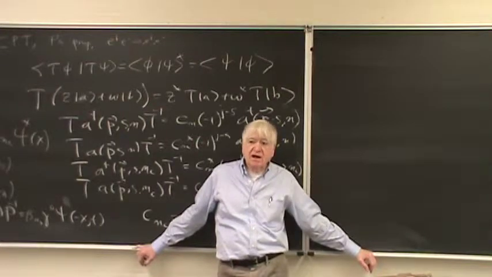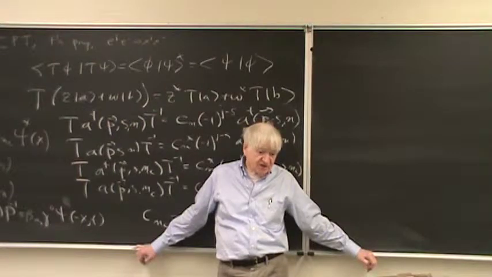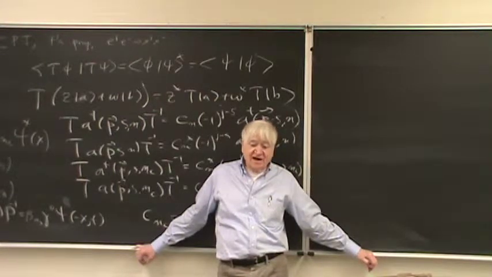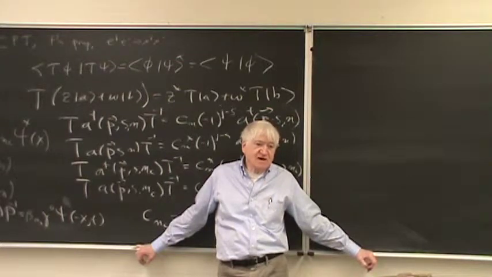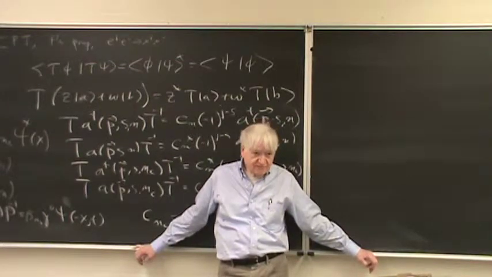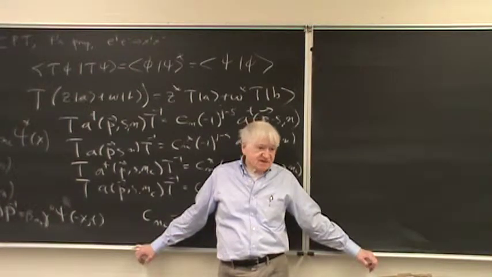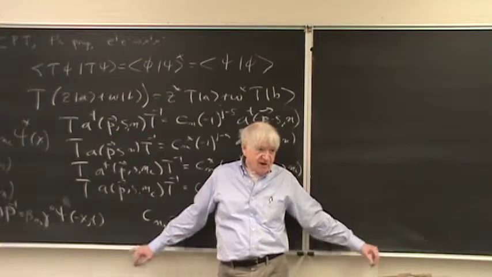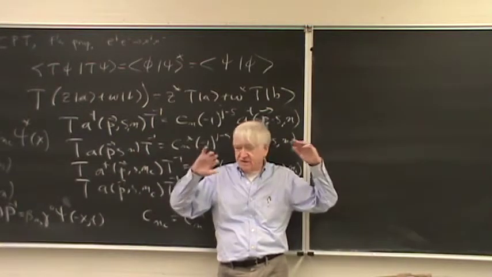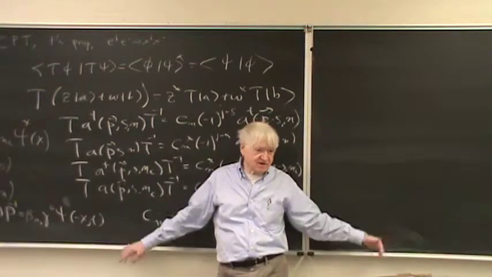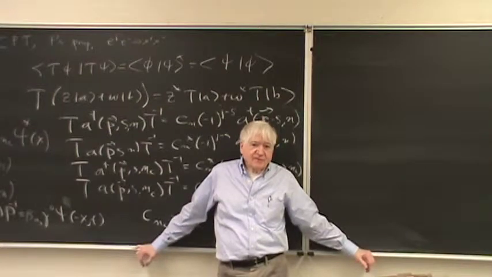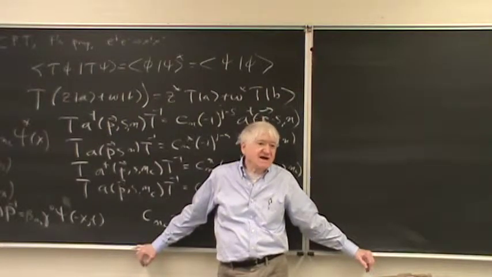Experiments were done, and it turned out that parity was not invariant under the weak interactions. And in fact, the absurd thing is that it was maximally violated. It was about as broken as could be. It's understood mathematically, but what's going on is not really understood. In other words, why is it broken in the weak interactions?